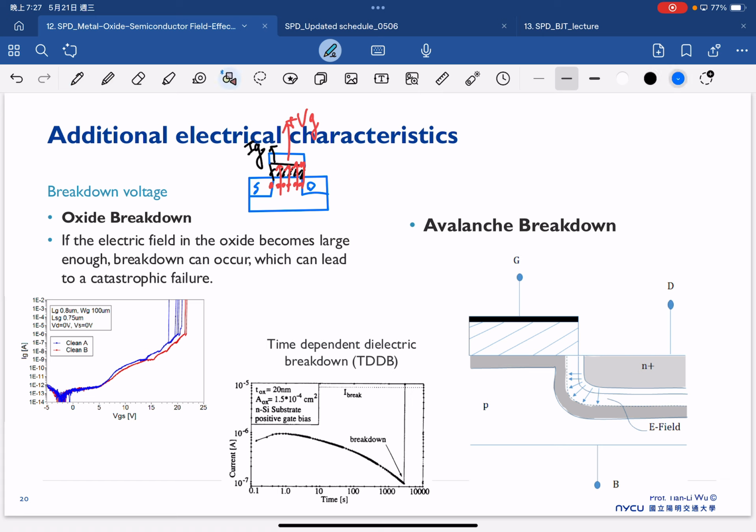If you consider the metal gate oxide semiconductor, we have the band diagram. This is our oxide, this is our silicon. Now we apply the positive gate bias here, which means we start pulling down the band diagram, not only for the SiO2 but also for silicon.